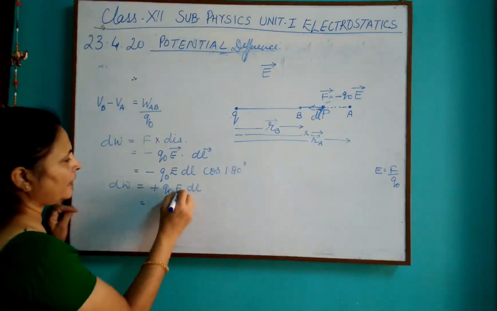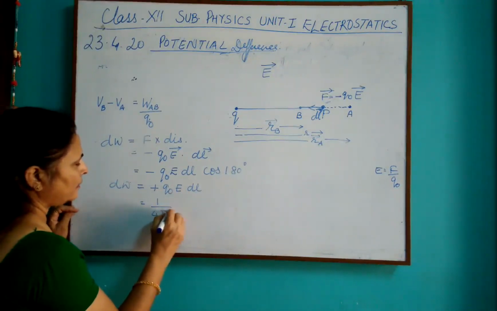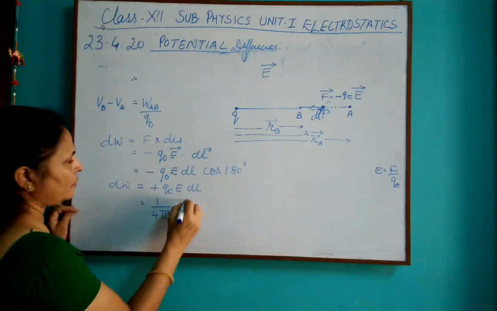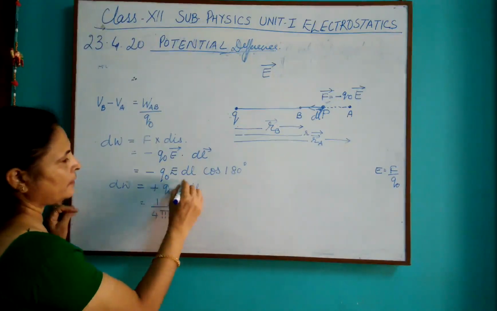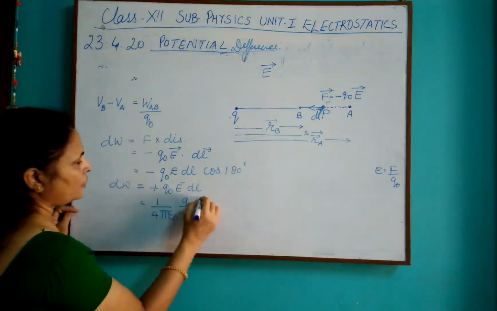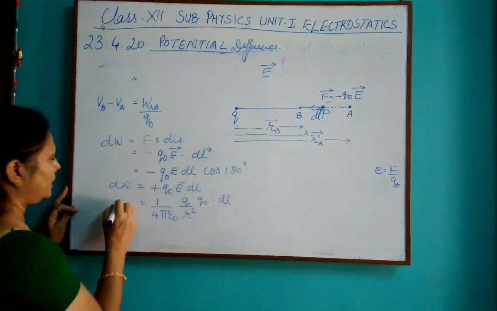Now electric field at point R is 1 by 4 pi epsilon naught Q upon R square. Now this Q naught into dl.